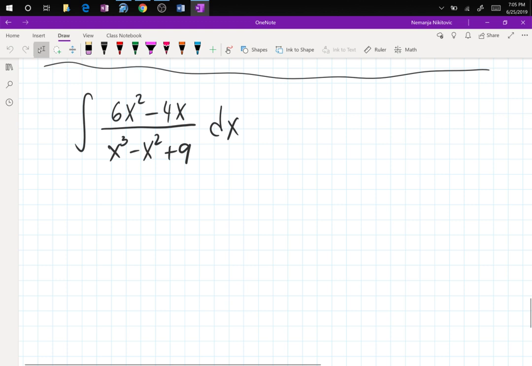Then x cubed minus x squared? I think we're not supposed to find it. So is it like 2u? Oh, it's 2 times the derivative of the bottom, right?